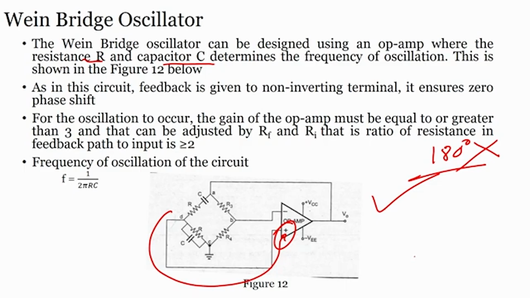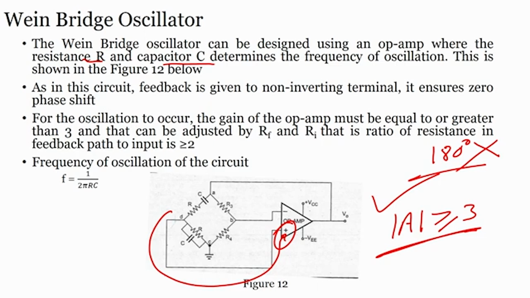And for the oscillations to occur here, we have seen in theory that the gain of the op amp must be equal to or greater than 3. And this can be adjusted by the feedback resistor RF and the input resistor RI.